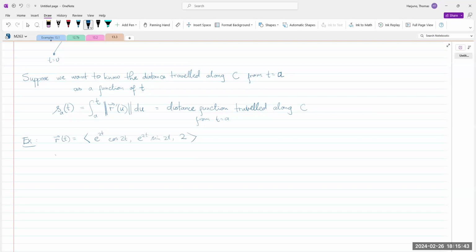Now r prime of t will be, you become very busy with this, huh? 2e to the 2t cosine 2t minus 2e to the 2t sine 2t, 2e to the 2t sine 2t plus 2e to the 2t cosine 2t, comma 0.